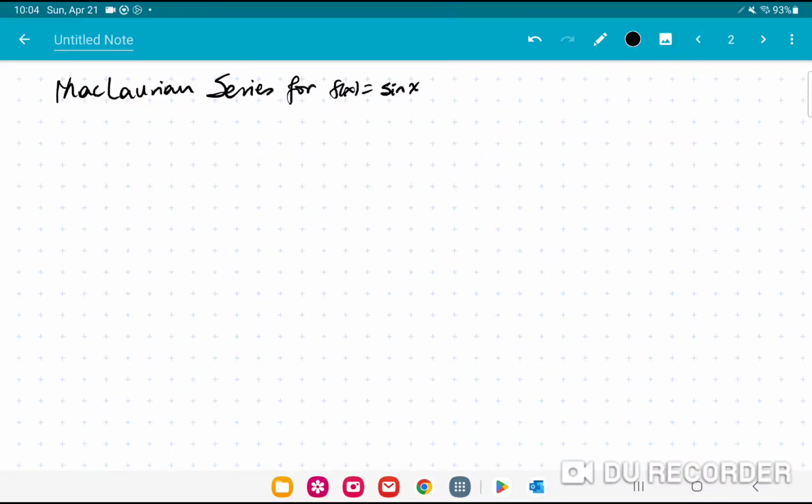Next example I want to do is the Maclaurin series for f of x equals sine x. So we're just going to do the same thing: keep differentiating and then plugging in. In this case, because it says Maclaurin series, I know a is 0.